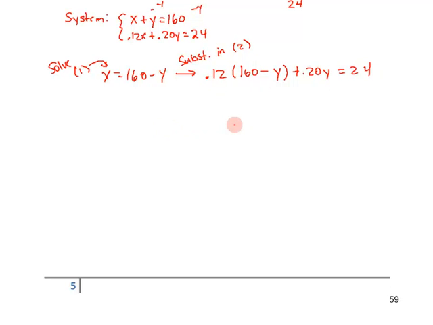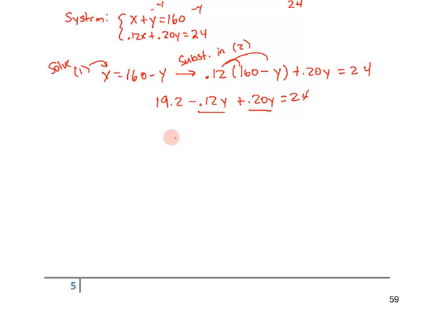Since we've done this a number of times, I kind of speed up each time I'm doing it. Feel free to pause and rewind if you need to. We can distribute this to get the left-hand side simplified. 0.12 times 160 is 19.2. 0.12 times minus y is minus 0.12y plus 0.20y is equal to 24.